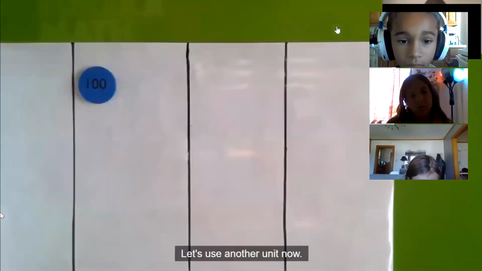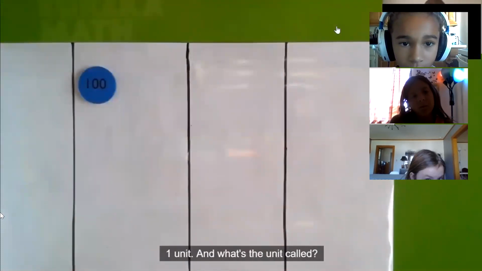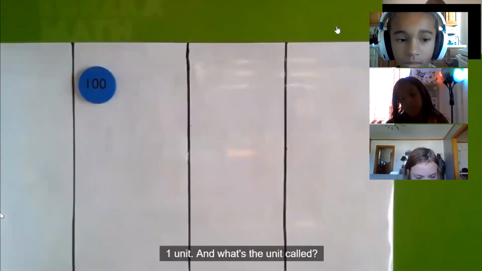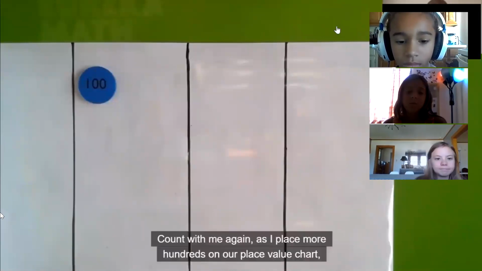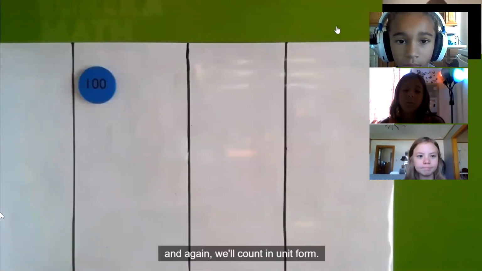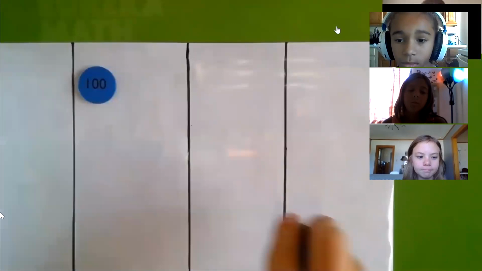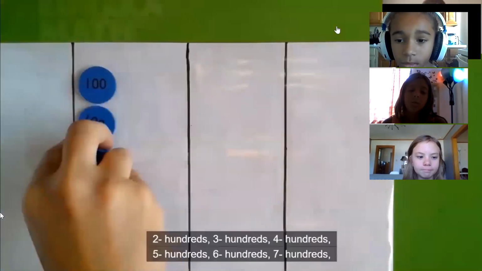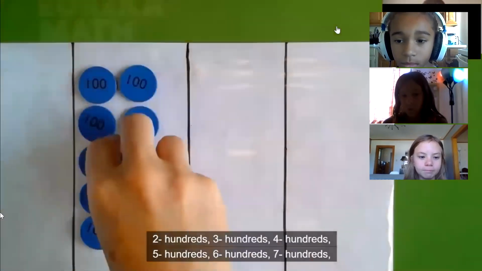Let's use another unit now. So now we just keep moving to the left. One unit. And what's the unit called? It's 100. Count with me again as I place more hundreds on our place value chart. And again, we'll count in unit form. So that's 100, 200s, 300s, 400s, 500s, 600s, 700s, 800s, 900s, and 10 hundreds.